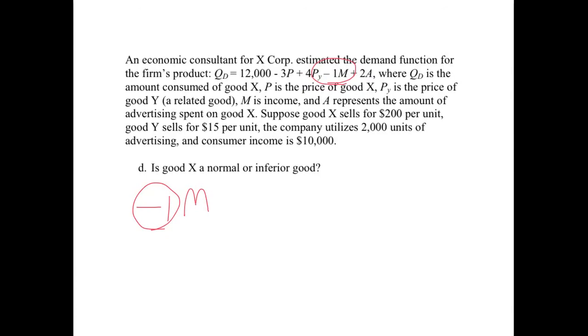As income rises, consumption goes down. Well, what kind of good is that? Well, by definition, that's an inferior good. Inferior good, income, and demand have a negative relationship. So if this coefficient, we'll just call it C, the coefficient on income, if it is positive, then we have a normal good. If it's negative, we have an inferior good.